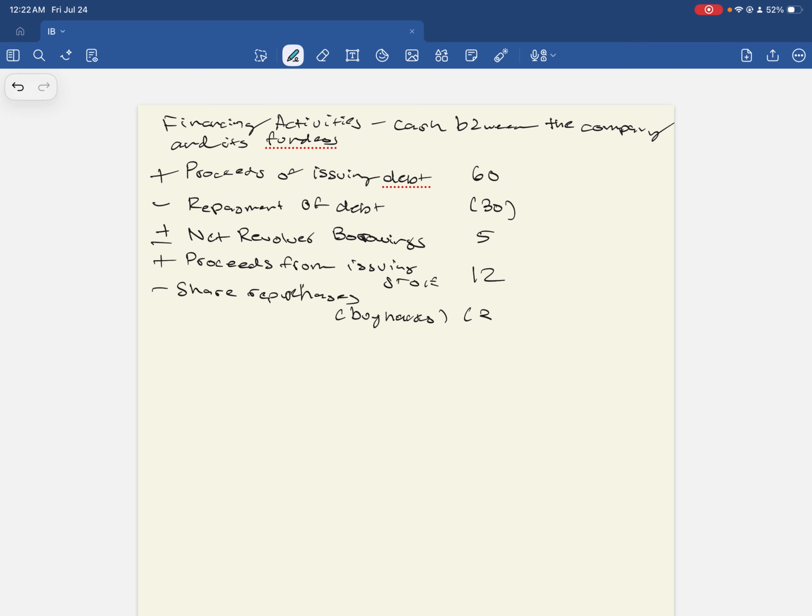Let's just say you're subtracting out 35. This is cash that's spent buying our own shares back, which returns money to the shareholders. So you're subtracting out 35 because it's a cash outflow.